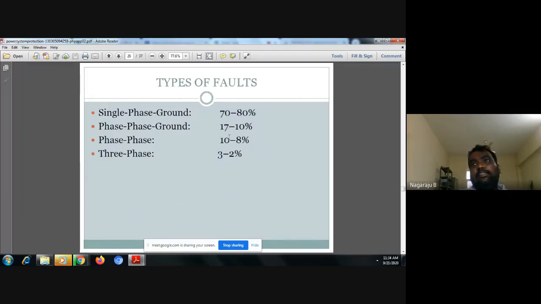When we go for the protection concept, why are we moving for protection? Because there are some faults: LL fault, LG fault, double LG fault, triple L fault, all those things are there.